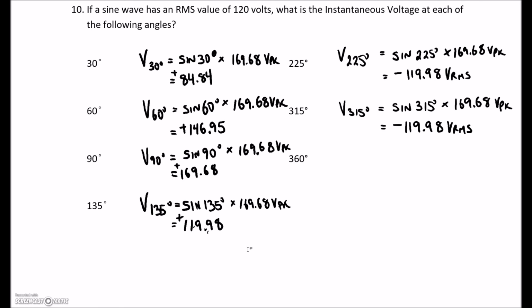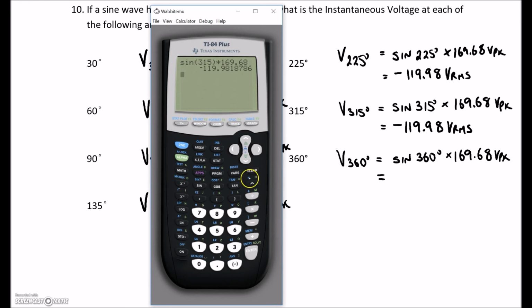Okay, just for giggles, let's do this voltage at 360 degrees, but we know what that value is going to be as well. So we do the sine of 360 degrees multiplied by our peak voltage, always the peak voltage here for instantaneous voltages.